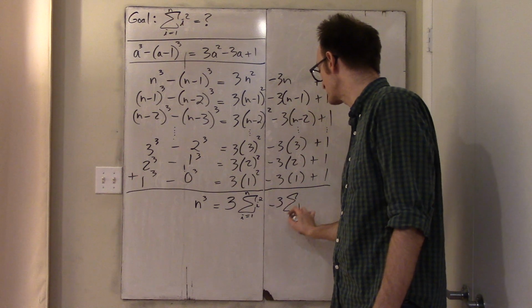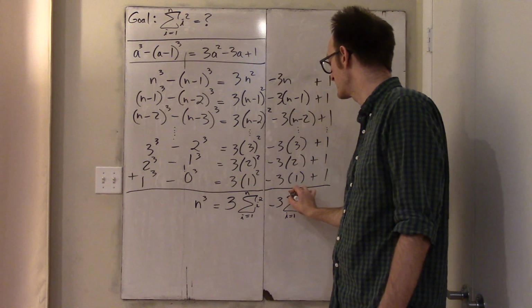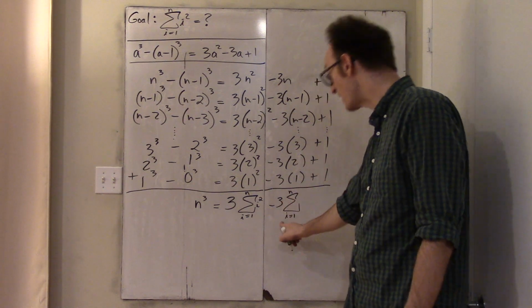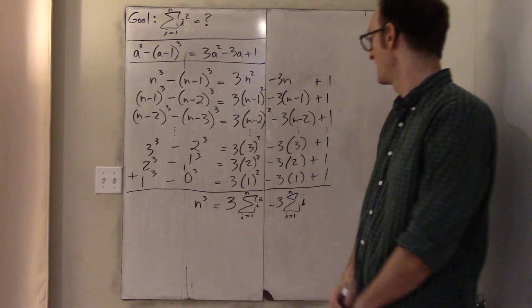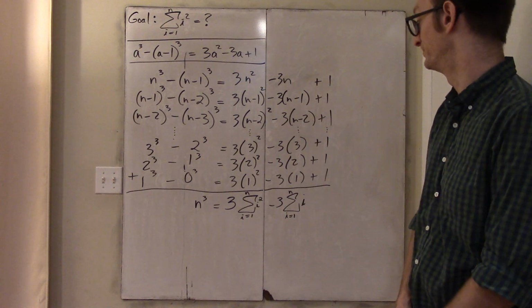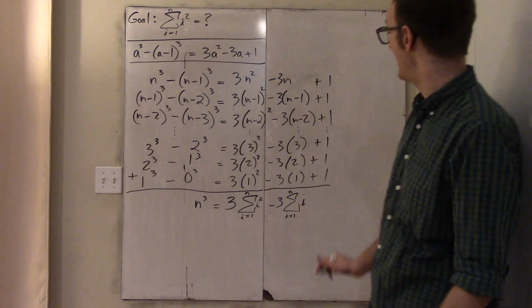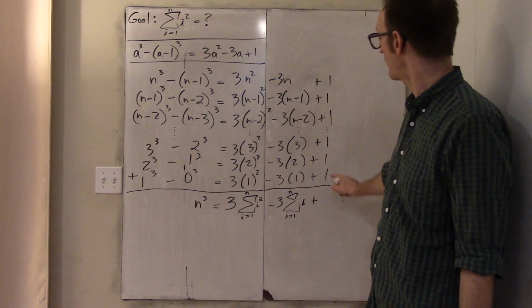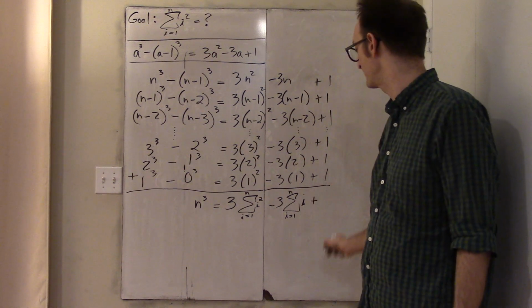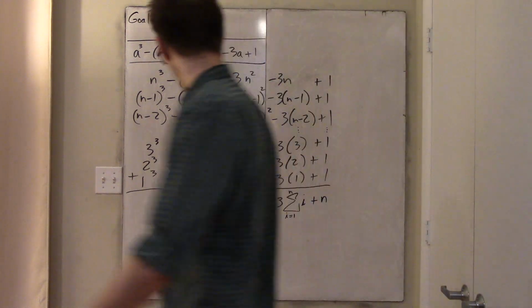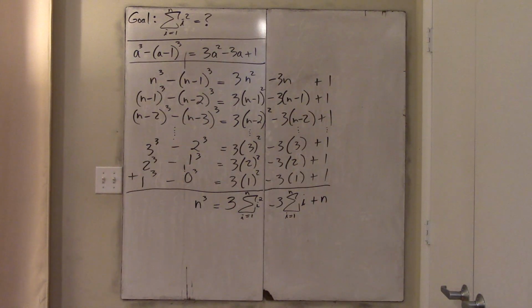So this is just the sum from i equals 1 to n of i, but that's something I already know. And finally here I have 1 plus 1 plus 1 plus 1 plus 1, but I have n of those, so this is n. This equation I have written right here is quite amazing, though you still might not see where this is going. It's exactly as I promised.